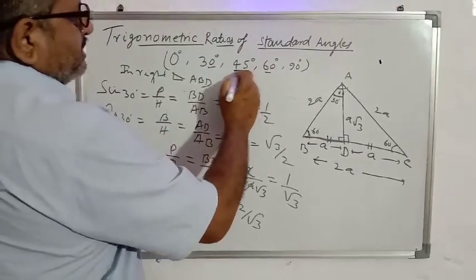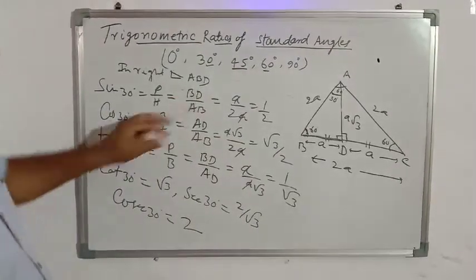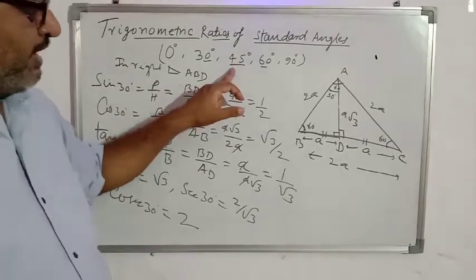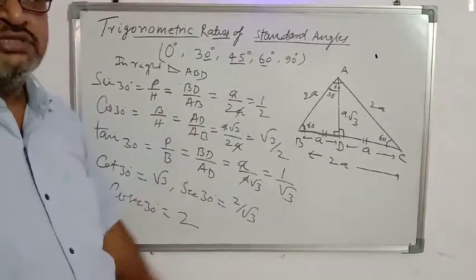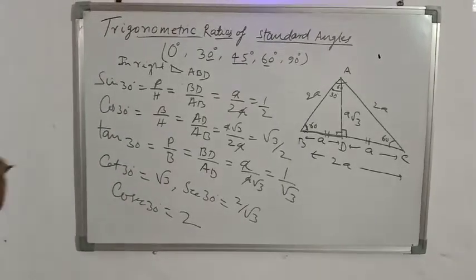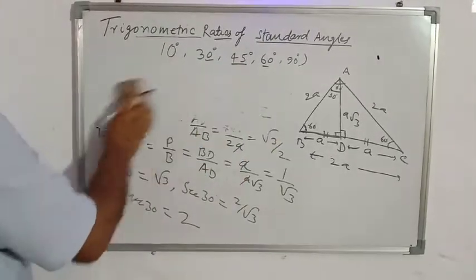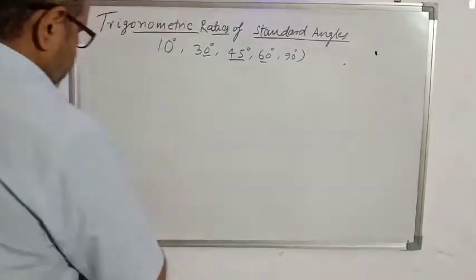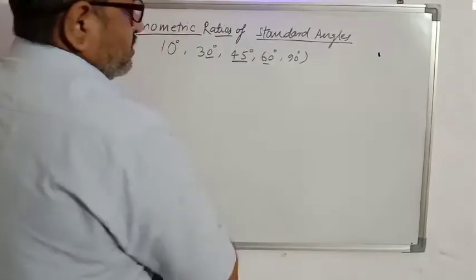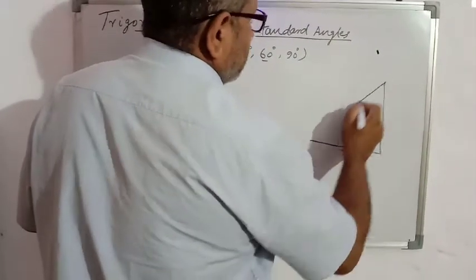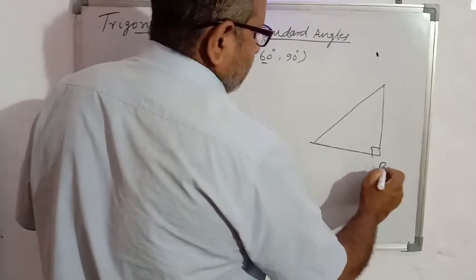Now we will see the value of trigonometrical ratios for 45 degree. For 45 degree we will take an isosceles right angle triangle ABC.